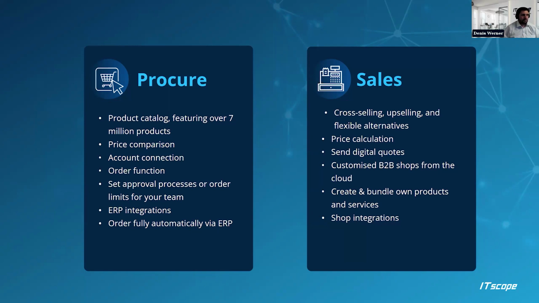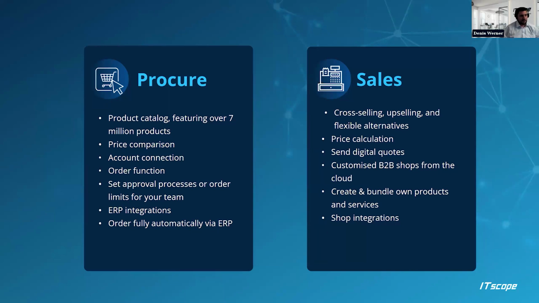You can search them, find product information on our platform, and of course, compare the prices. On the procurement side, you can also make an account connection to your distributors. So if you're already working with distributors and you find them on ITscope, you can connect with them there and build up a stronger relationship with e-commerce.